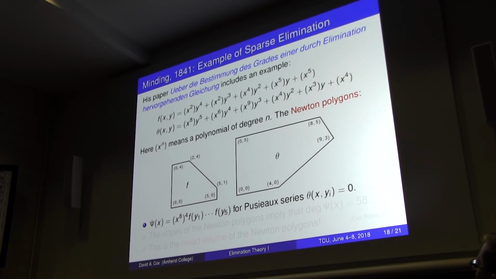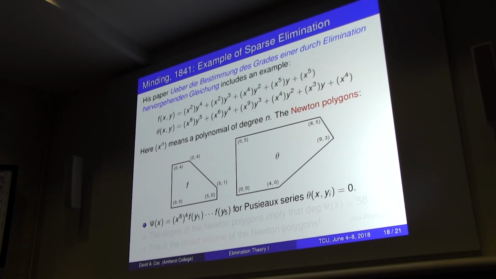He takes that one and lets the solutions be y1 through y5, because it's a 5th degree equation in y, and so it'll have 5 roots. And again, that's straight out of Poisson, and then here you have to do some work to clear denominators, and then you get the elimination.